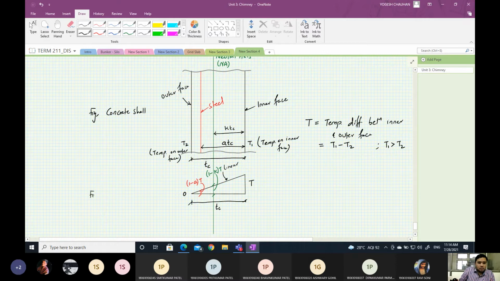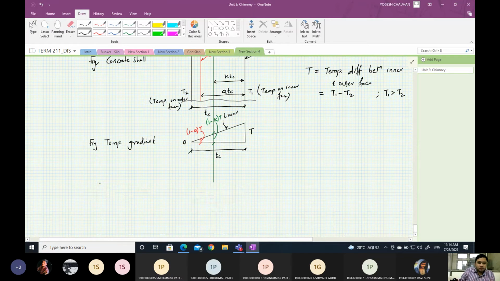This is the figure for temperature gradient. Next, we draw the stress variation.